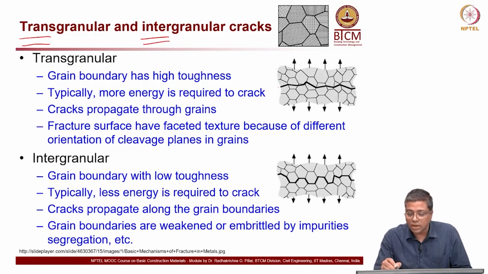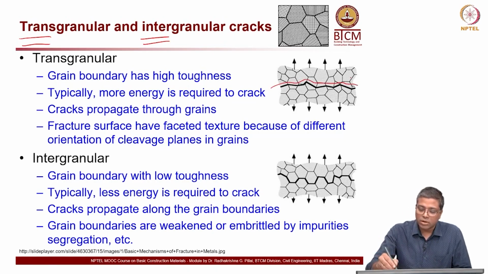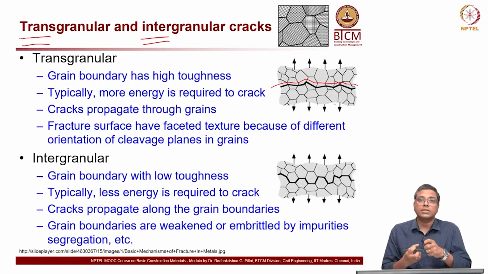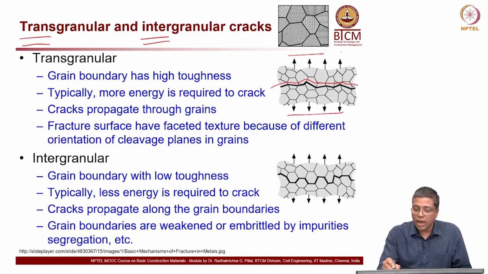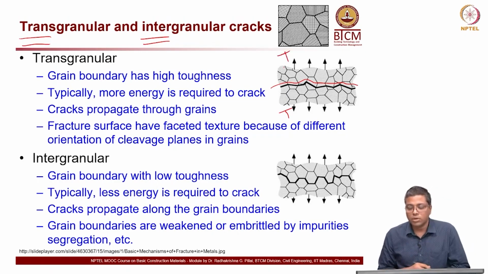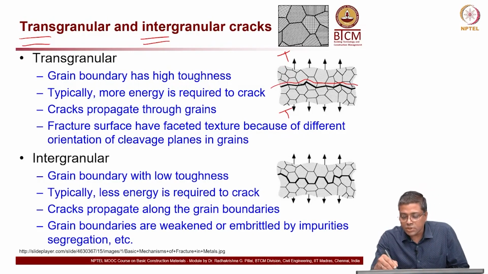You can see this thick black line in the drawing on the right side top. The arrows indicate the tensile force which is acting, so I am going to call it T here. It is being pulled in the vertical direction, and then there is a crack which is happening, that thick black line on the drawing.